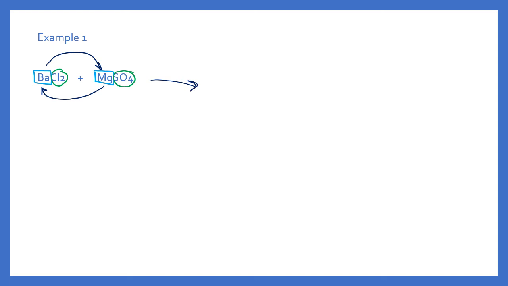So I'm going to write my chlorine without a subscript and write my SO4, because technically this SO4 is in parentheses, so its subscript's a 1. So we just don't bring the 1, we just keep the SO4. And now we're going to swap the barium for the magnesium. So the magnesium is going to swing out and bond with the chlorine. Okay, it's swinging out, bonding with the chlorine. And the barium is going to swing in and bond with the SO4.